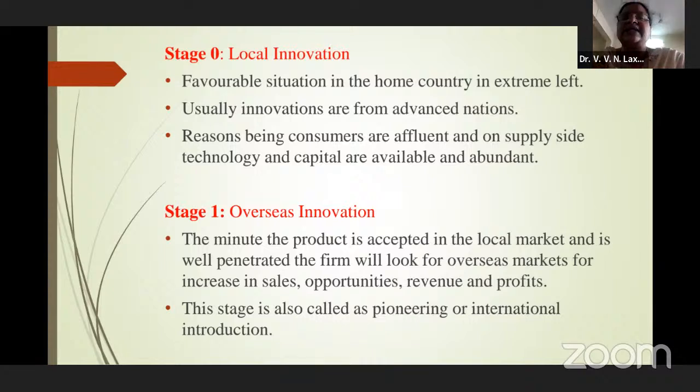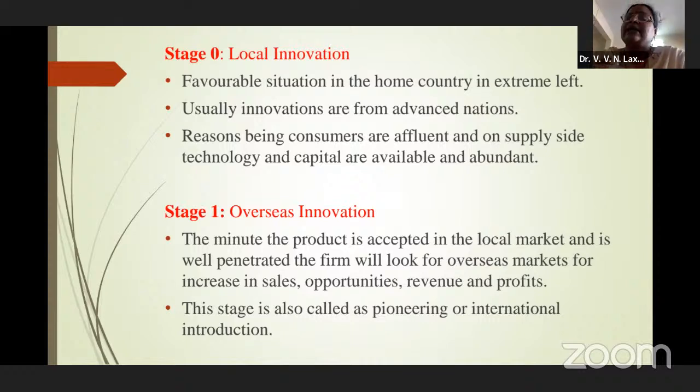Once they realize that all markets are penetrated and all models are penetrated in the local market and the product is very promising in the local market, the company will think of exporting it to the other countries. Now, this starts stage 1 of the international product life cycle, that is overseas innovation.